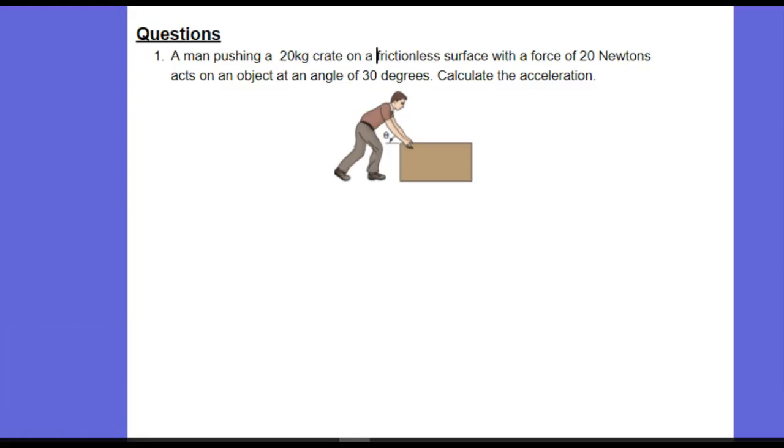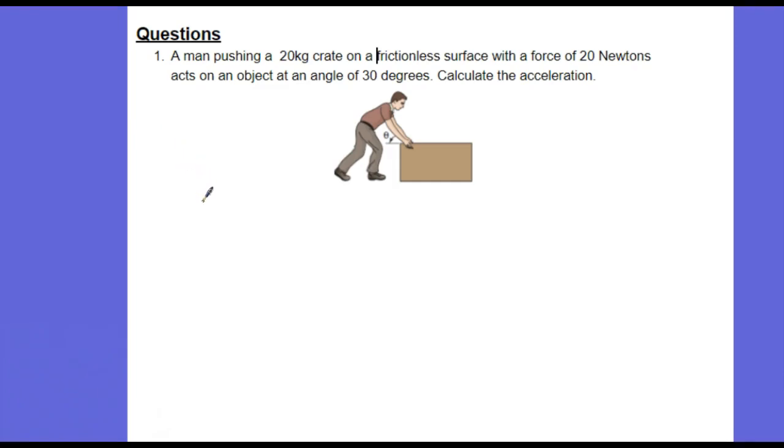Okay, so the first one, who can describe one force that we know for certain that's acting on the crate? An applied force, very good. So we've got an applied force here. That is a pushing force heading downwards in that direction.